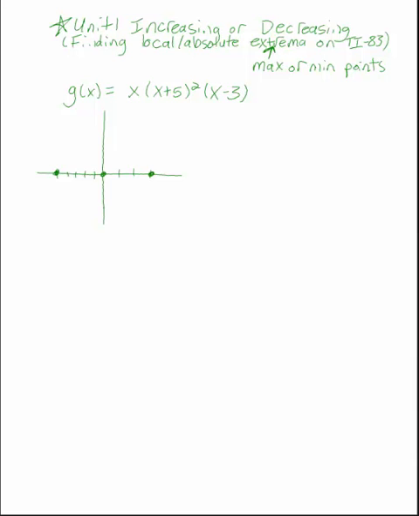So I settled on this window. I did x min. I moved the graph in a little bit. So I did x min of -7 and an x max of +7. And then I did a y min of about -110 and a y max of about 110.